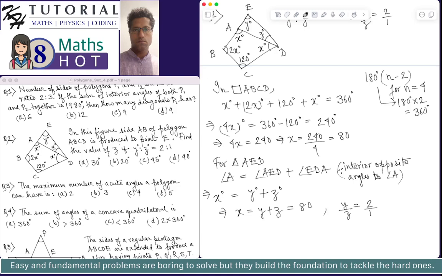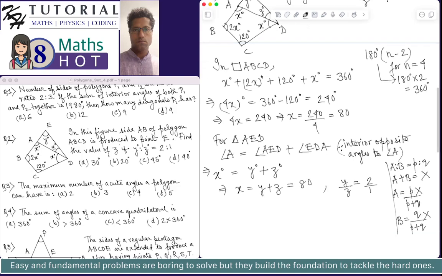From the concept of ratio and proportion, if there are two quantities A and B, their ratio is given to be P is to Q, and the sum of the two quantities is given to be, let's say, X, then we can find the individual values. A will be equal to P by P plus Q multiplied by X, and B will be equal to Q by P plus Q multiplied by X. I hope you are aware of this result from ratio and proportion.